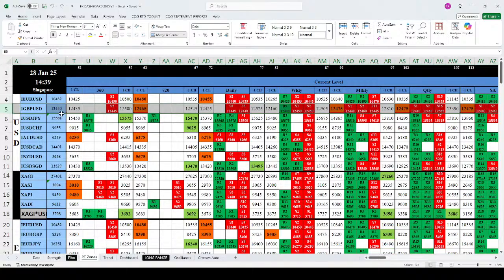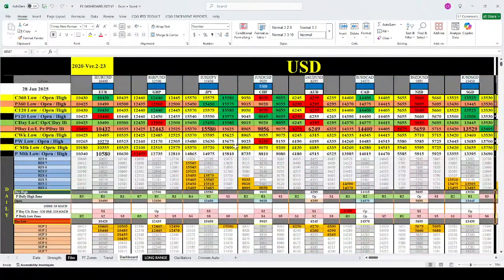So right now the market is trading at 124.40, which means to say we should be holding sell below 125 and 125.25. So this should be our selling level or stop loss level. Okay, so let's see the dashboard.